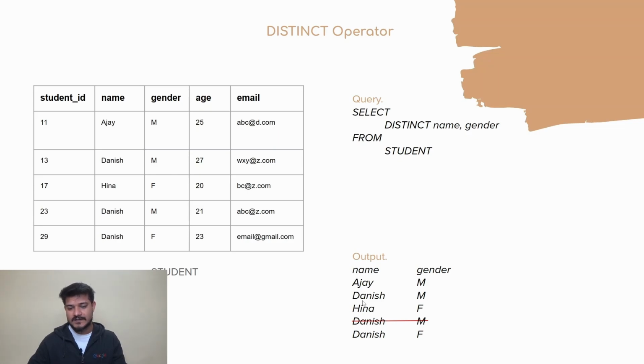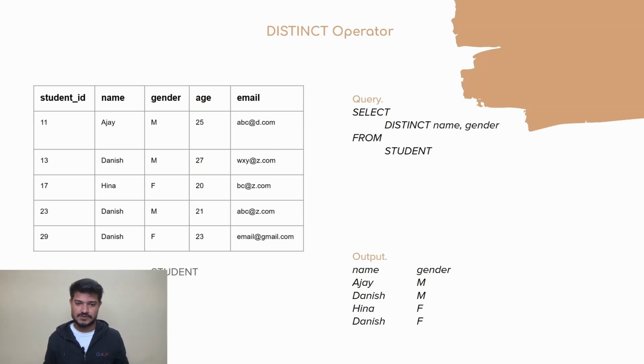Only Danish M and Danish M is repeated, because name and gender both should be unique, so the whole thing needs to be compared. So this one will be eliminated and your result would look something like this: Ajay M, Danish M, Hina F and Danish F. So this is how the distinct operator works on multiple columns.